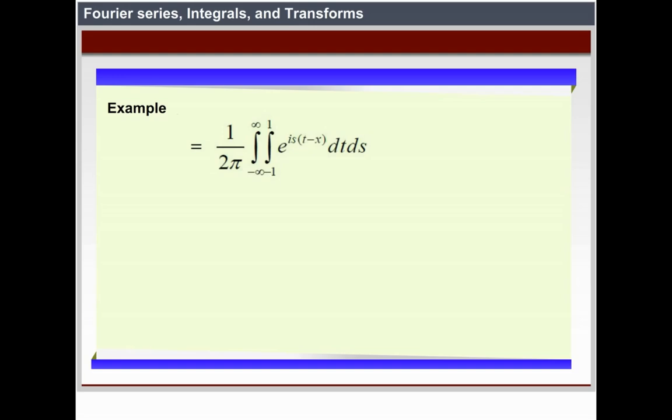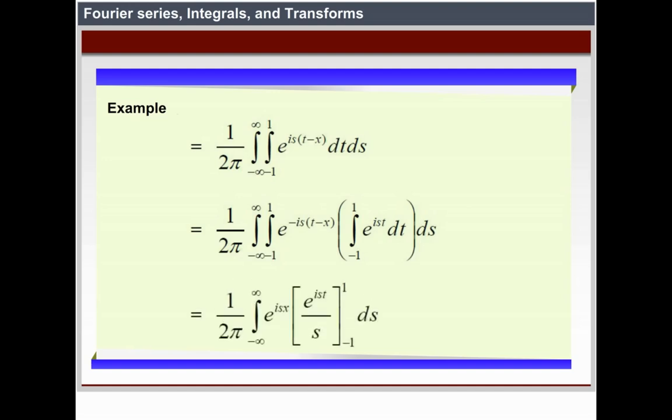We change the limit, equal to 1 by 2 pi integral minus infinity to plus infinity e power isx into integral minus 1 to 1 e power ist into dt into ds, equal to 1 by 2 pi integral minus infinity to plus infinity e power isx into e power ist by s with limits minus 1 to 1 into ds.